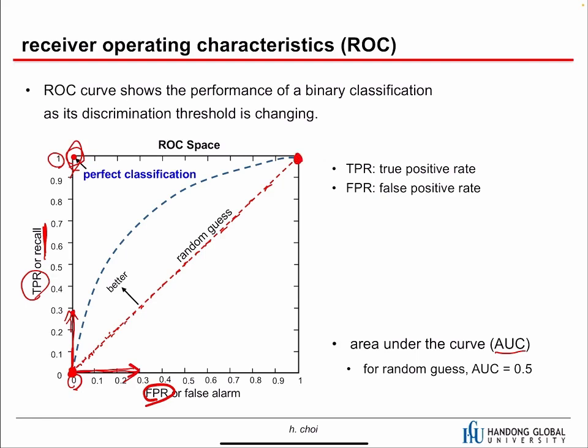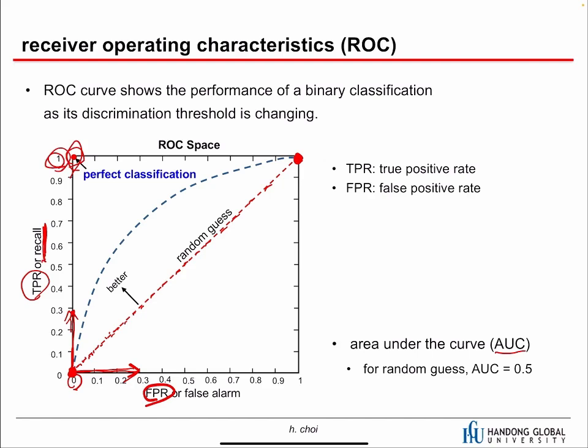So this is another extreme case. Look at this one. The model says all the time, this is cancer. If we are here, the model says this is cancer all the time, then definitely recall is 1.